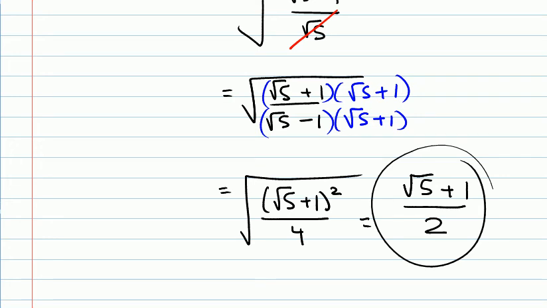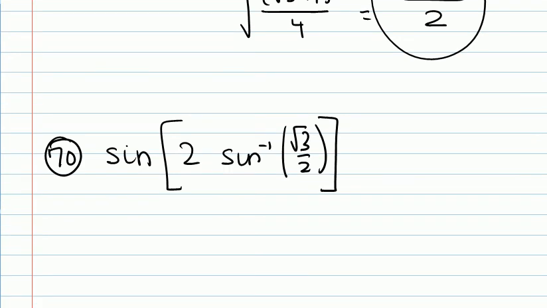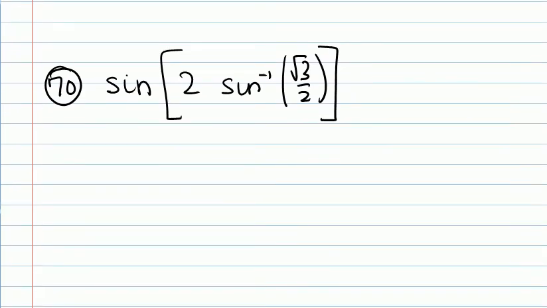Let's move on to problem number 70. So this is set up as the sine of 2 theta. Remember, the inverse sine of root 3 over 2 is just an angle. So we get to use the double angle theorem for sine.